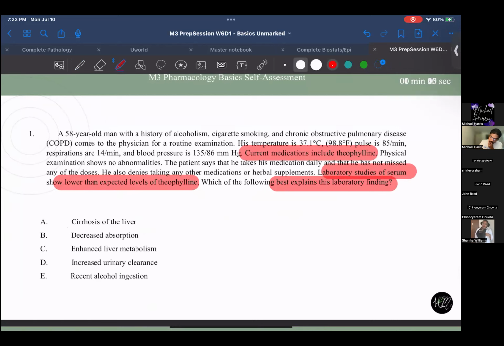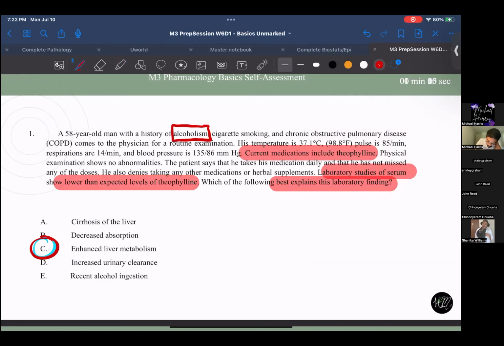He's not taking any herbal supplements. Why the heck is his theophylline lower than normal? So the big one here is you have enhanced liver metabolism. Why do we say he has enhanced liver metabolism here?